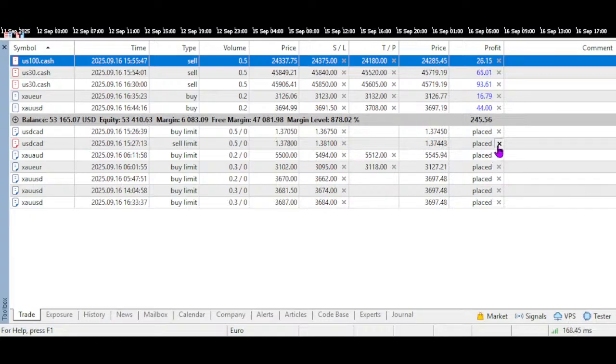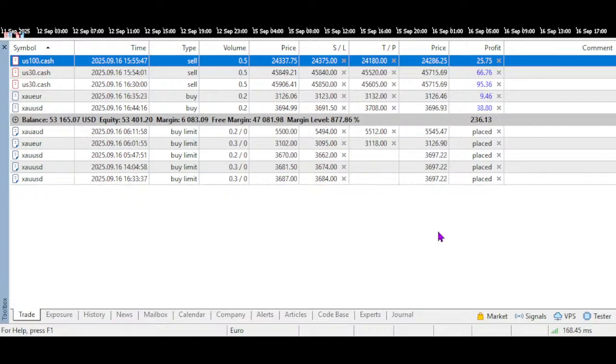Then the Canadian dollar I want to cancel. Then this Aussie buying, cancel. Euro buying, the one we leave it as it is.